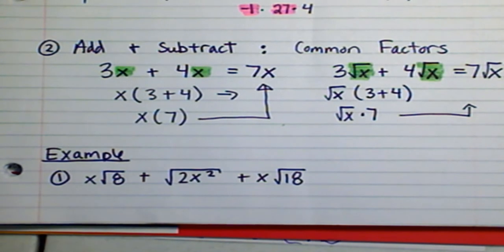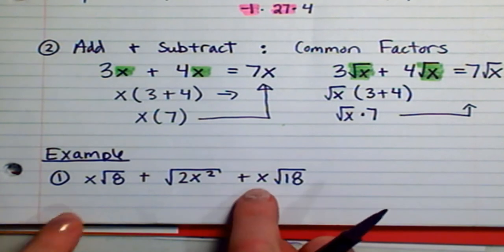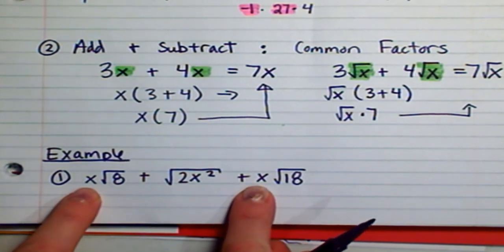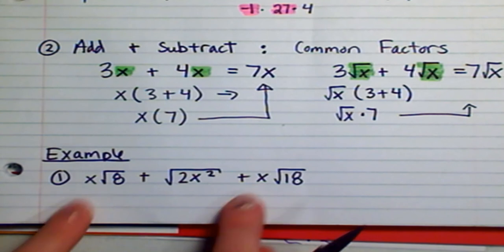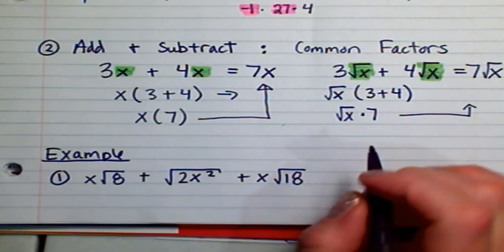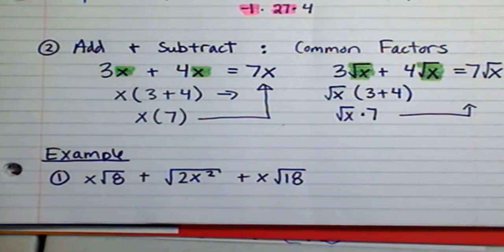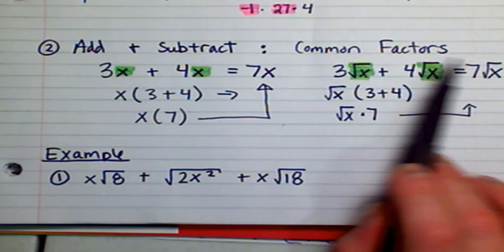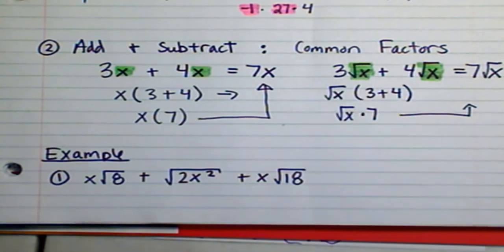You're like, nothing's the same. I mean, this is the same, but that's all I see. So my suggestion is first simplify the radical and then look for the common factors.